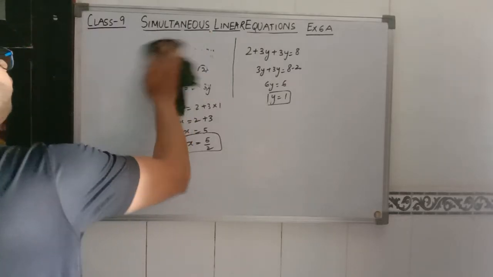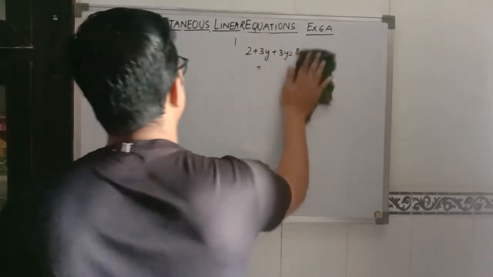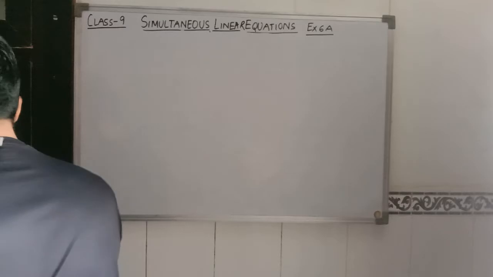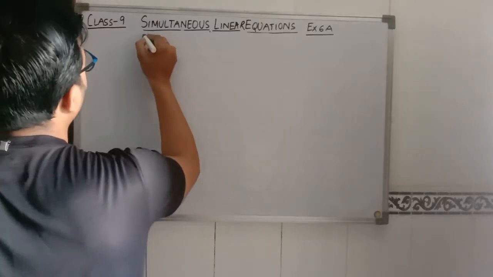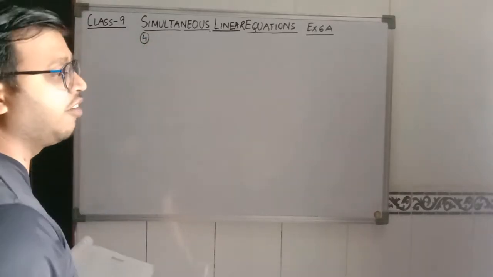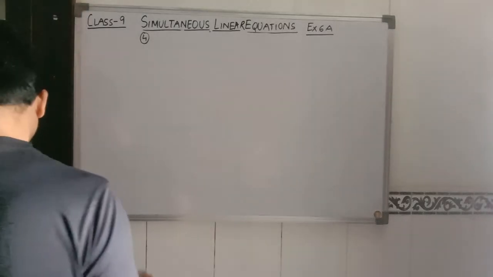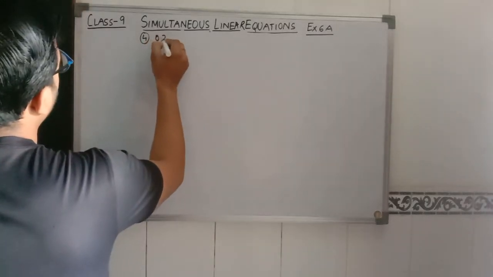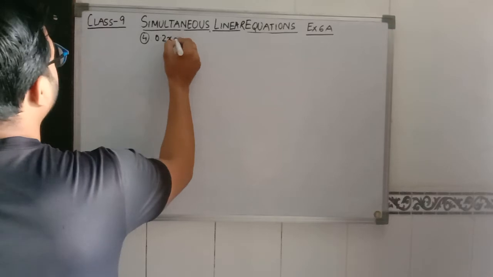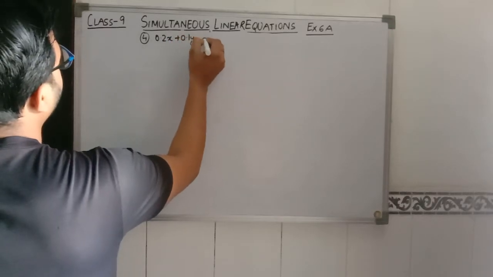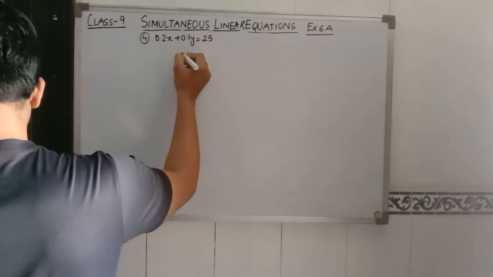Now proceeding further, we are coming to question number 4. And these exercises are very important for your future also, because everywhere you will find these equations to solve. It is 0.2x plus 0.1y is equal to 25.